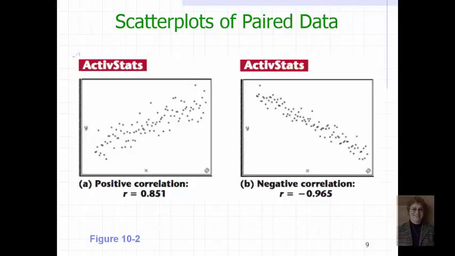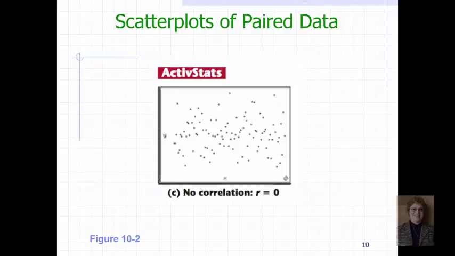It's a little bit stronger than the one on the left, but it's negative because large x values are associated with small y's and vice versa. And then this scatter plot really has no pattern, and so this would be good evidence of no correlation.